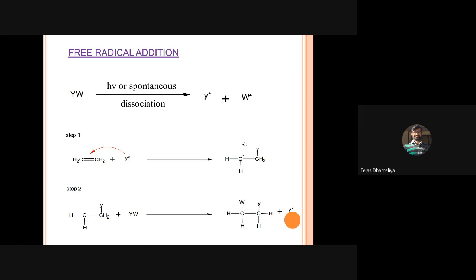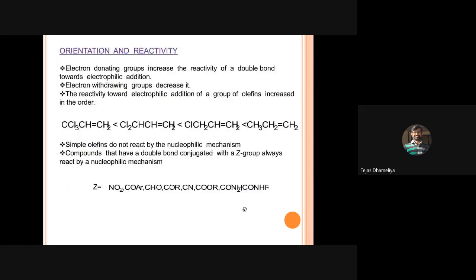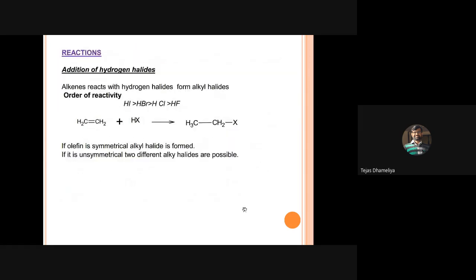One electron should move. This wrong arrow has been shown in the reaction mechanism. So this way a single radical is formed, and this single radical is going to combine with another radical this way.